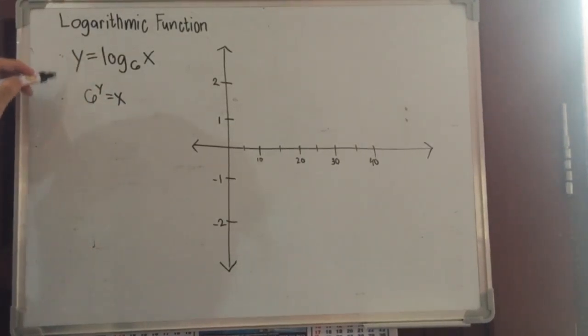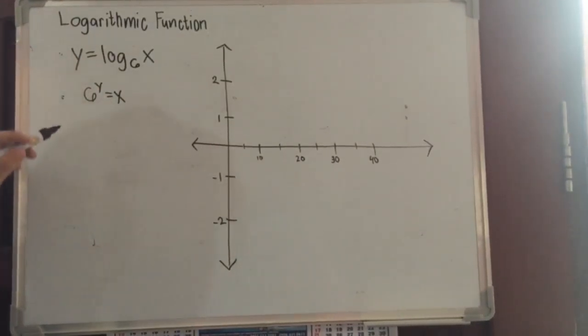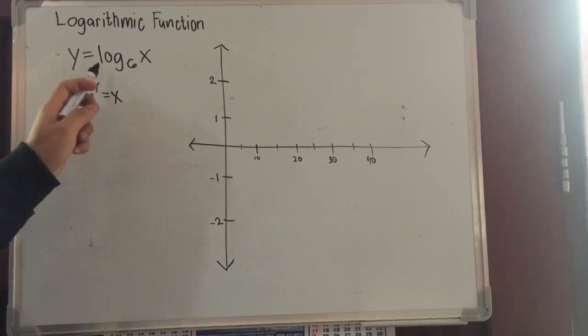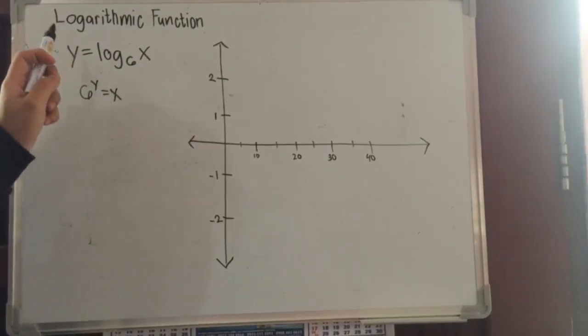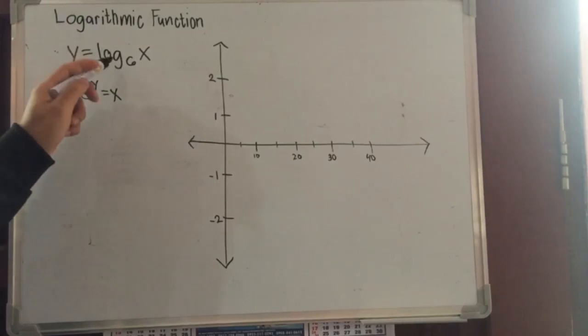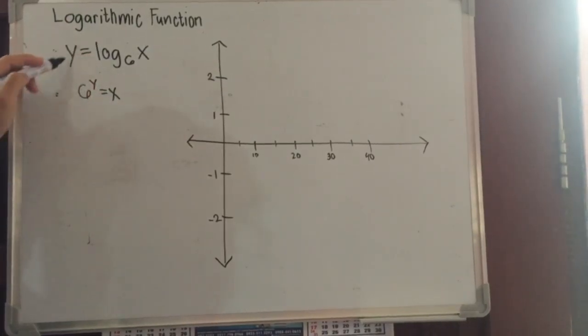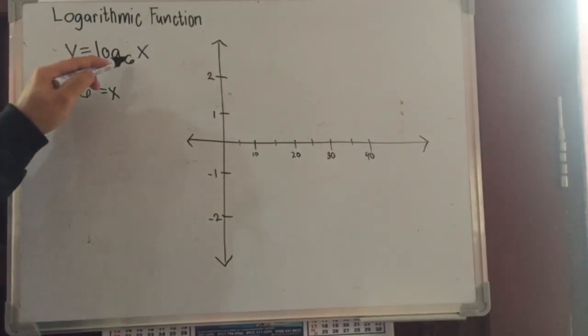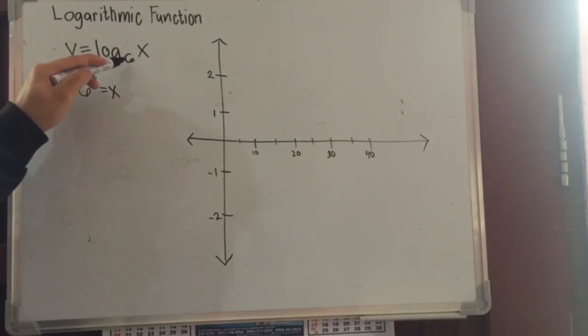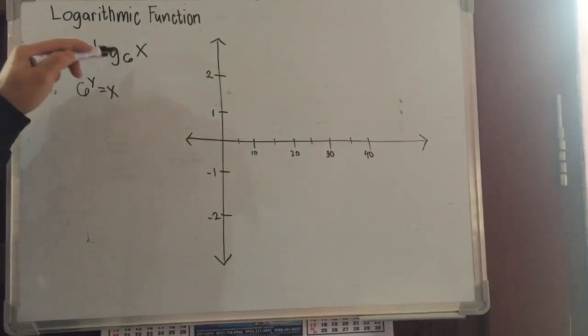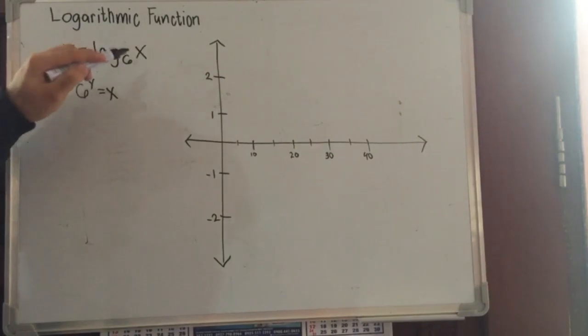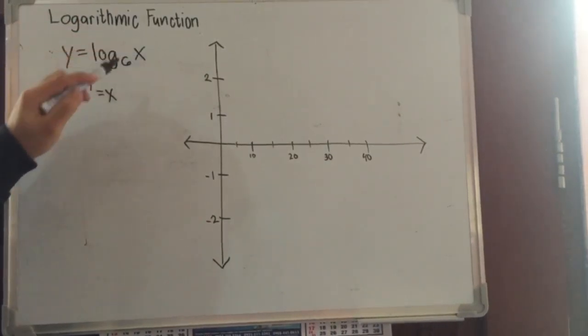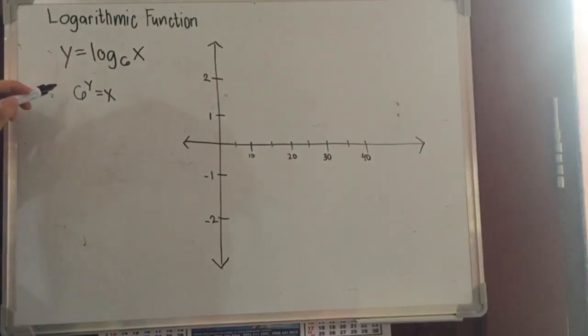These two equations are similar because the logarithmic form explains that y is the power of 6 when 6 to the power of y is equal to x. That's why they are similar.